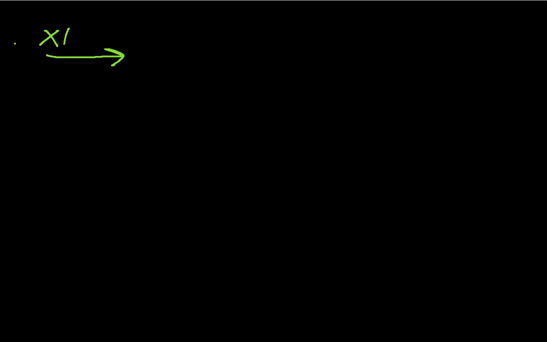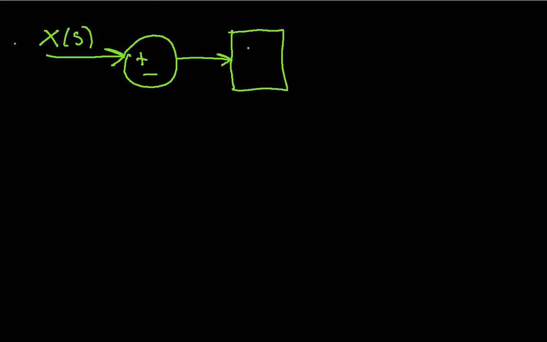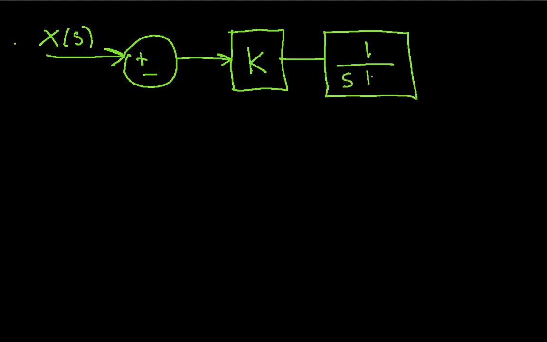I have a desired input. I compute an error. We'll show exactly what that is in just a minute. And I have a simple gain as my controller. I'll have a plant that basically has a transfer function 1 over s plus 1. This is a fairly pedestrian transfer function.